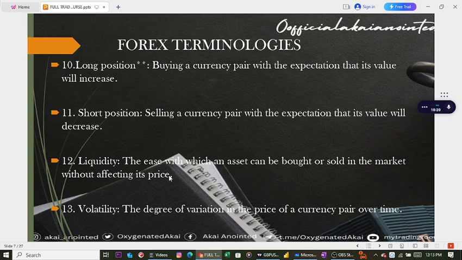Both of them have to do with the speed of price. During news time, the market is always very volatile. It runs at a very great speed. But there are volatile pairs that are normally very dangerous and risky to trade. With a little movement you can lose. So that's just a shallow definition of liquidity and volatility.